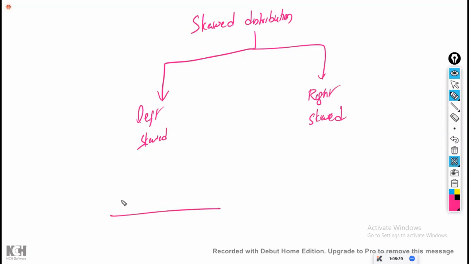Skewed means there are fewer values on one side. The height of the bars on the left side will be very low, whereas on the right side the height of the bars will be very high. So we have 2 types: the left skewed distribution and the right skewed distribution.